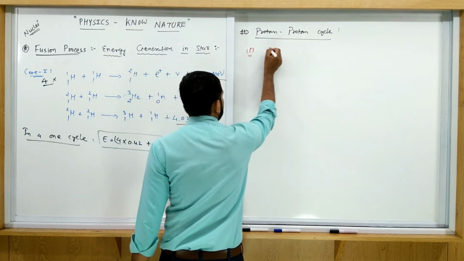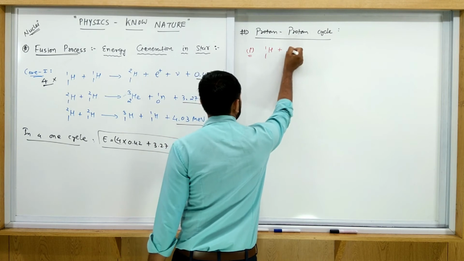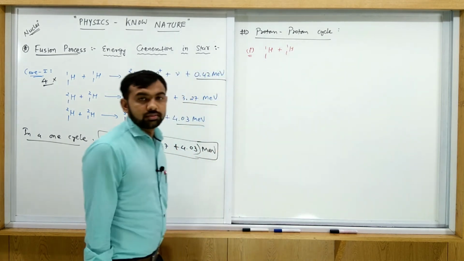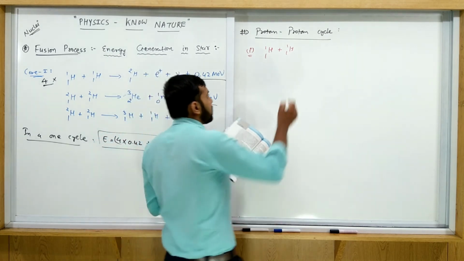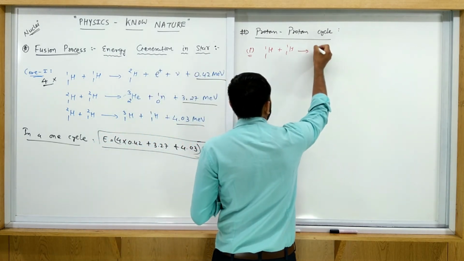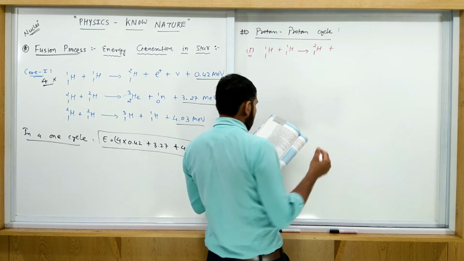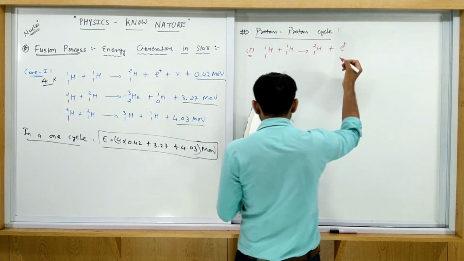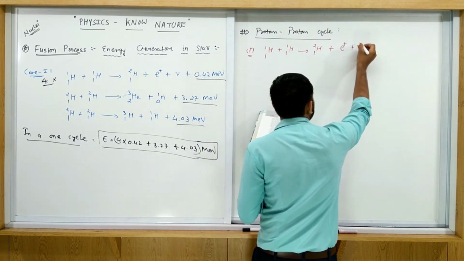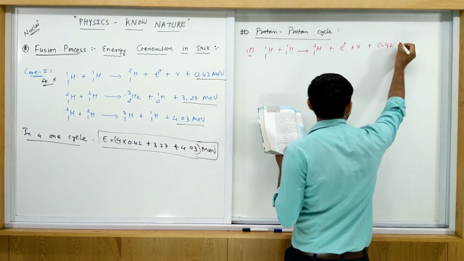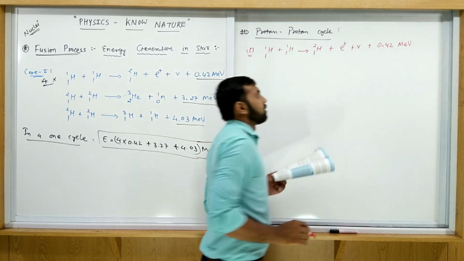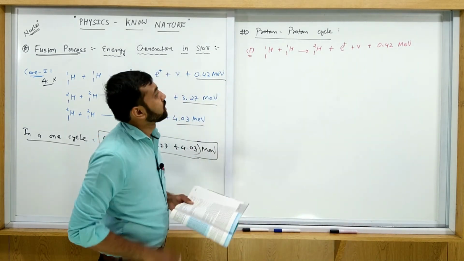Step number 1: 1h1 plus 1h1. Two protons are combined to each other and form a deuterium 1h2 with the emission of beta plus and a neutrino, and 0.42 MeV energy will be released. So that is the first process.